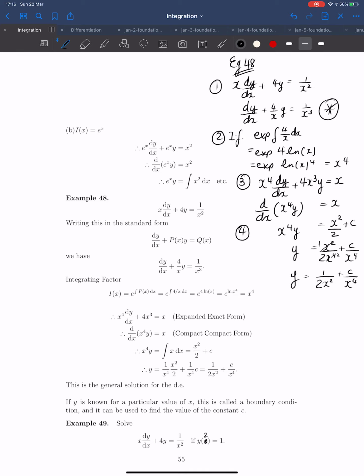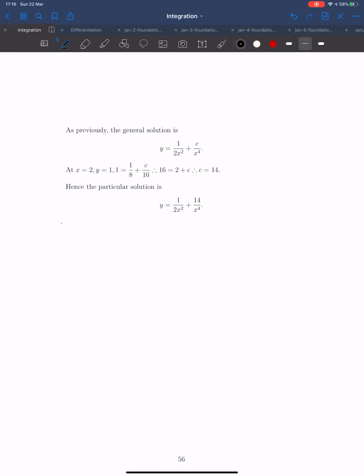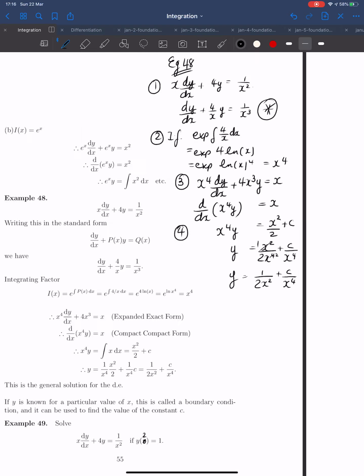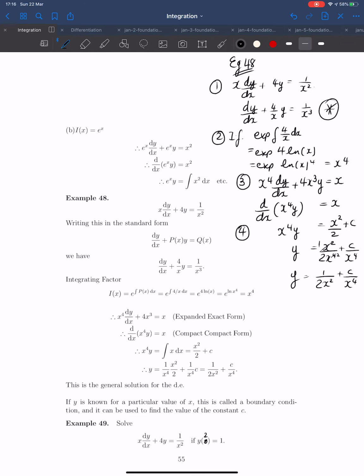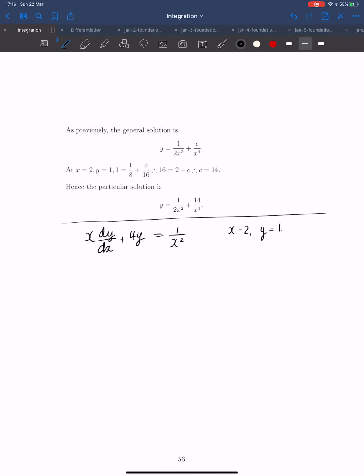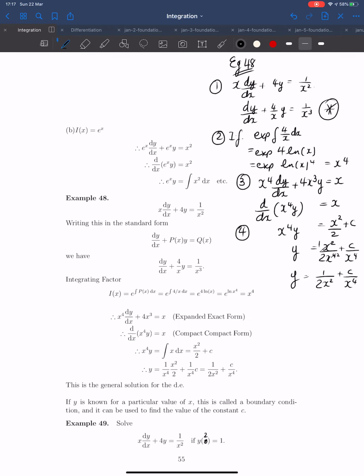Right, last example. Example 49. X dy by dx plus 4y equals 1 over x squared, with x equals 2, y is 1. So first step, dy by dx plus 4 over x y is 1 over x cubed. Have I just done this one?